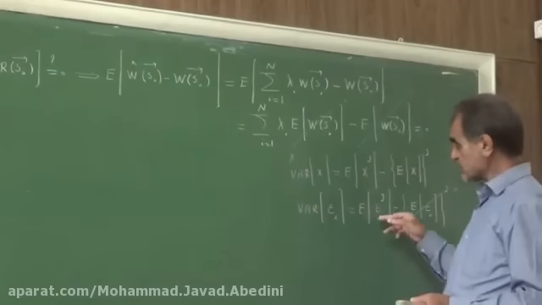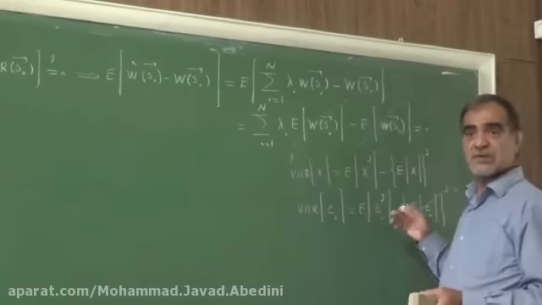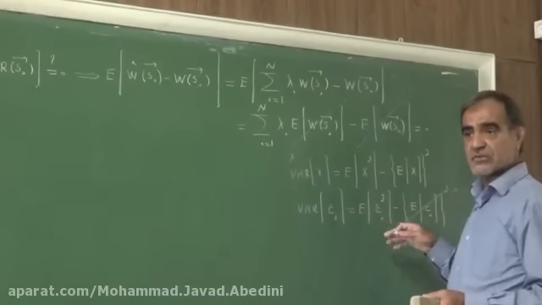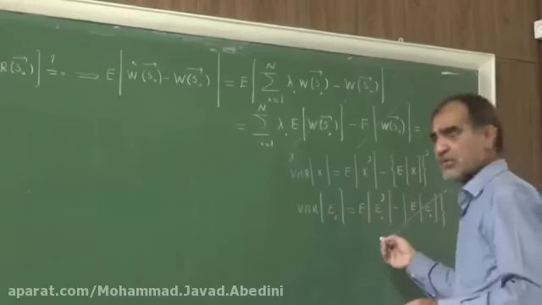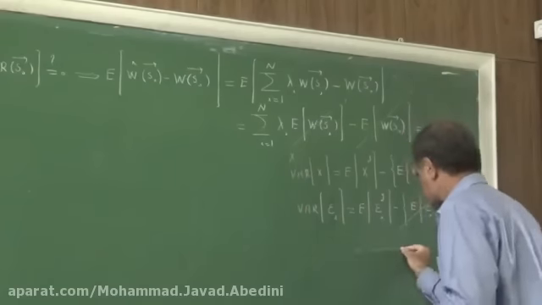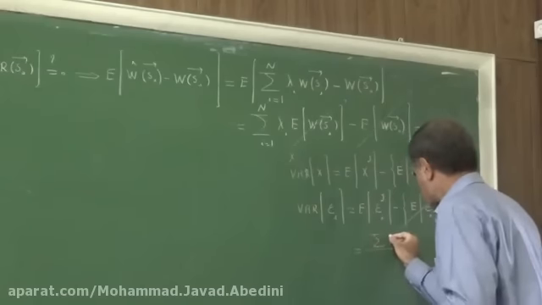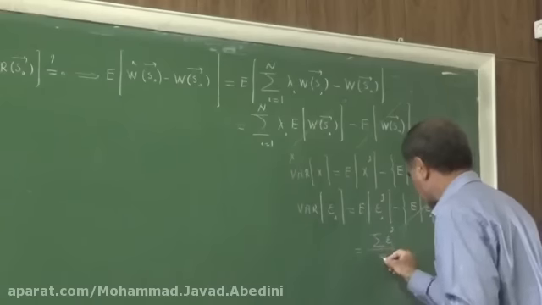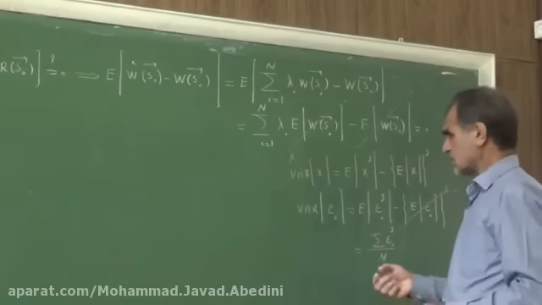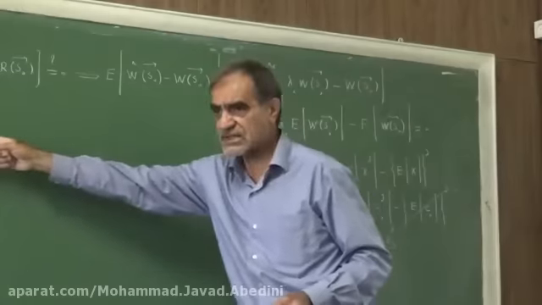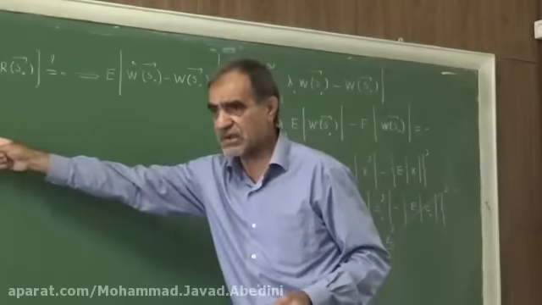When it comes to expected value of epsilon I squared, we replace it with its discrete formula. And the discrete formula for the expected value of epsilon squared is summation epsilon I to the power of 2 divided by n. In geostatistics, we will try to minimize this variance.